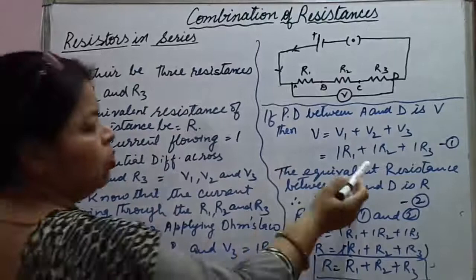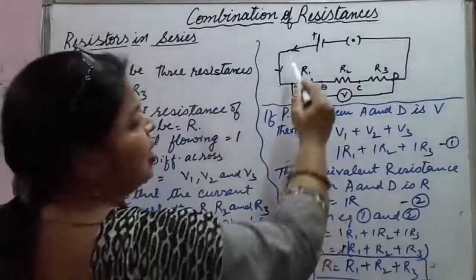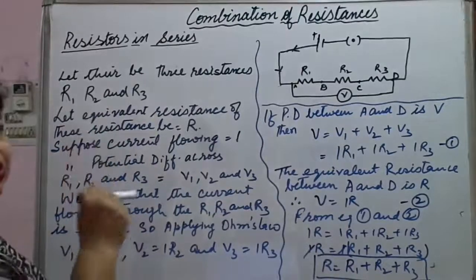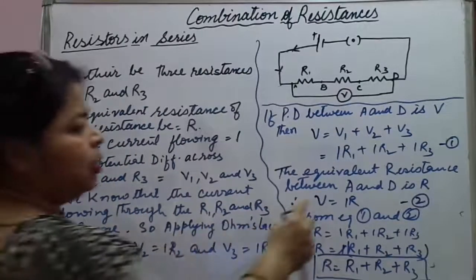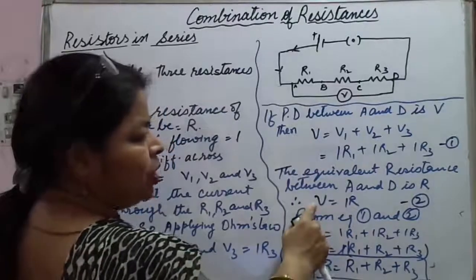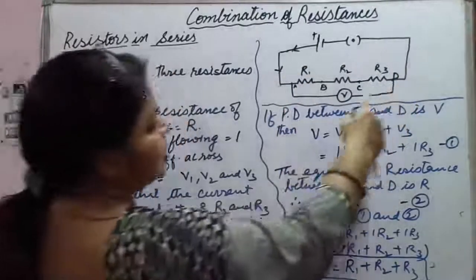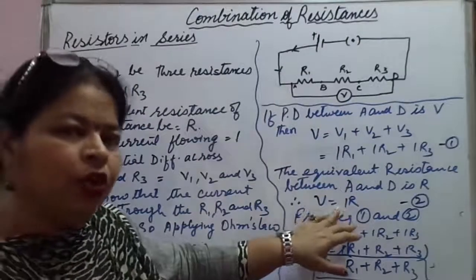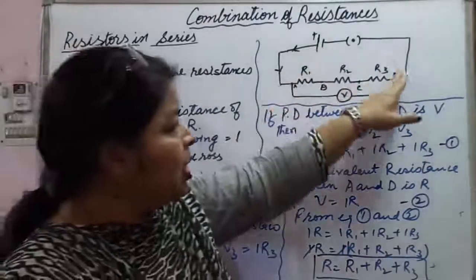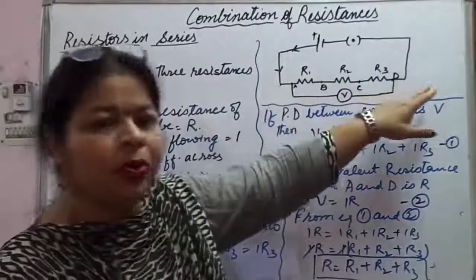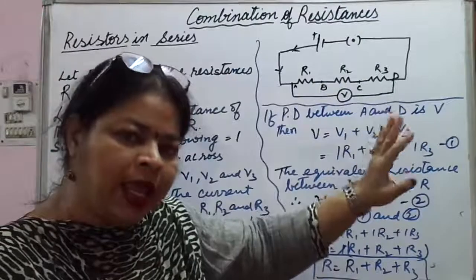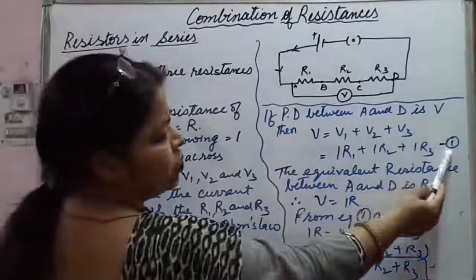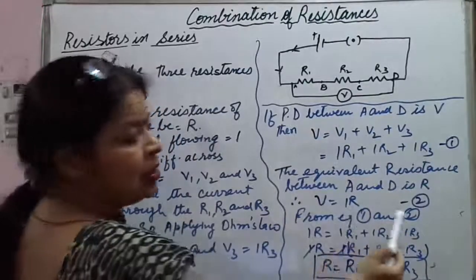Now the equivalent resistance between A and D, which we mentioned in the beginning, if we suppose it to be R, then V is equal to IR for the whole circuit, because R is the equivalent resistance from A to D and the current flowing through is I. So we mention this as the first equation, and V is equal to IR as the second equation.